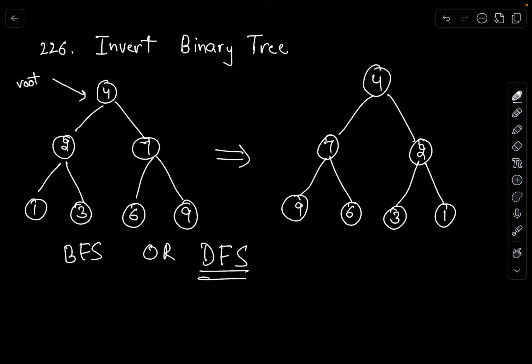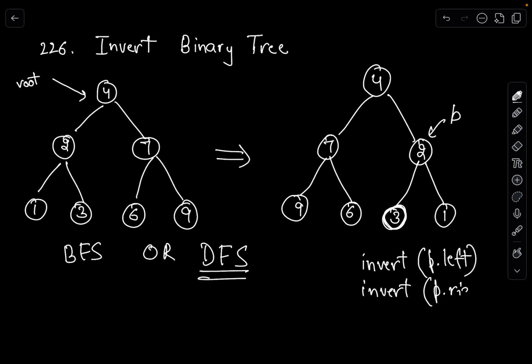Let's say you are standing at this node P. You will assume that you already inverted P's left child, which is this subtree, and then you will say that I'll invert p dot right, which is this node here. So you already have inverted p dot left, the subtree, and you already inverted this subtree.